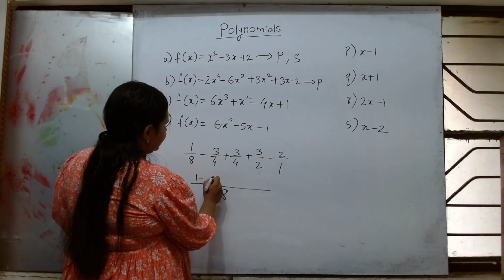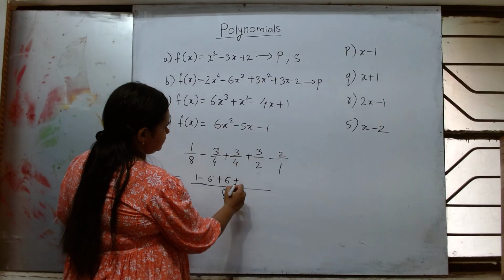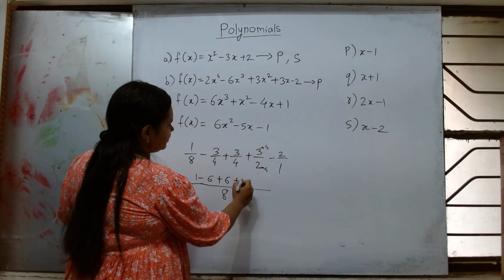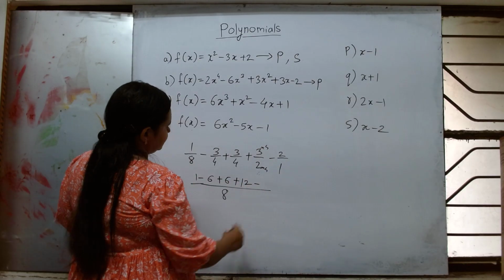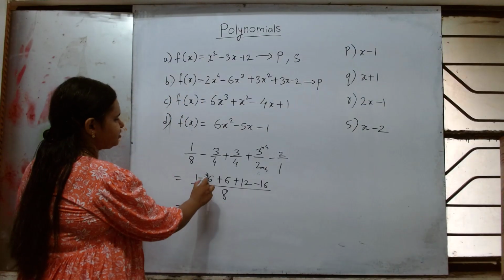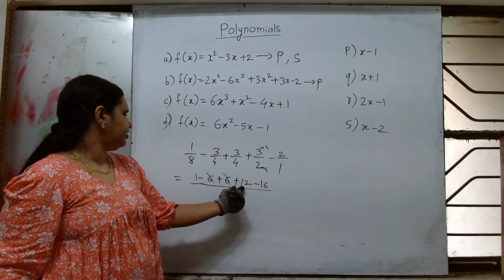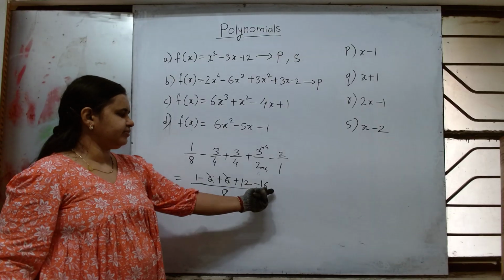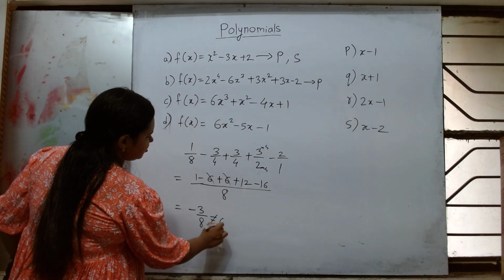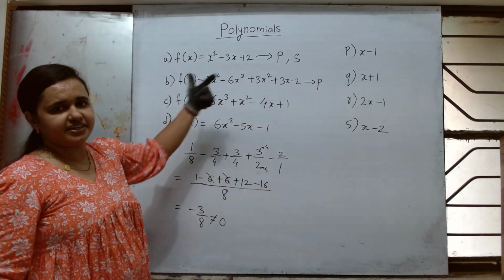So it will be minus 6 plus 6, and here multiply by 4, it will be plus 12, and then minus 16. So minus 6 plus 6 will be 0. 1 plus 12 is 13. 13 minus 16 is minus 3. Minus 3 upon 8 is not equal to 0. So 2x minus 1 will not be a factor of the second polynomial.